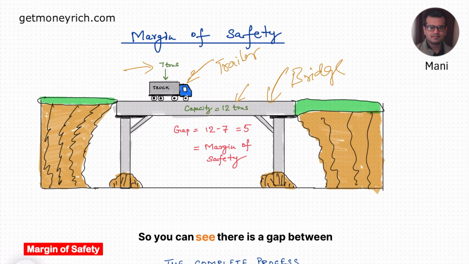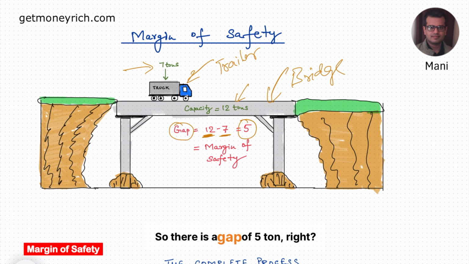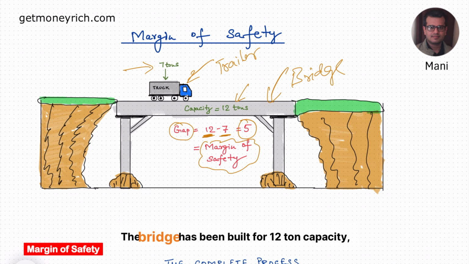So you can see there is a gap between what the bridge can take, 12 tons, and what the trailer is weighing. So there is a gap of 5 tons, right? This is what is called the margin of safety. The bridge has been built for 12-ton capacity, but the truck that is being allowed is only 7 tons. This is the gap that we should also maintain in our stock.